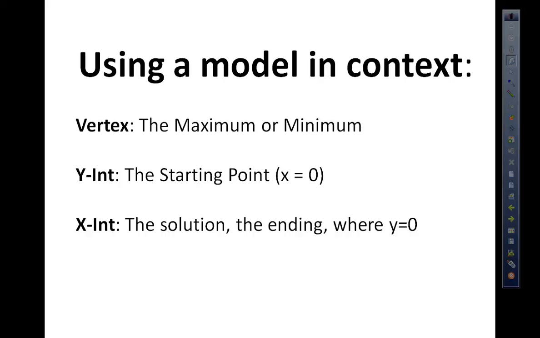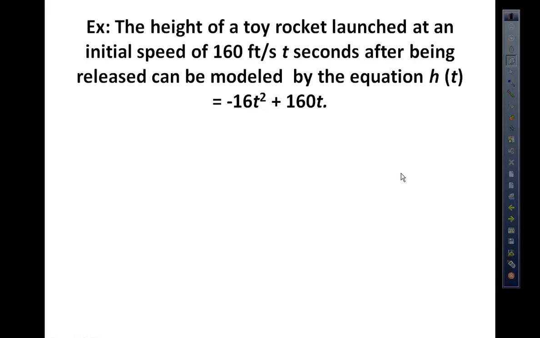The ground. So if y equals 0, if height is the 0, then the x-intercepts are where these items hit the ground. If somebody drops out of a plane, the x-intercept is where they hit the ground. If I throw a ball up in the air, the x-intercept is where that ball hits the ground. All right, so those are some situations in context and the points that they represent.